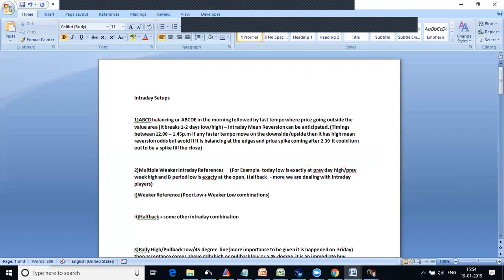Again, that is another key. Price plunges below the value area low or shoots above the value area high, then expect mean reversion, with greater odds, because more and more you're dealing with intraday players here. Those are indications that you're dealing with intraday players.